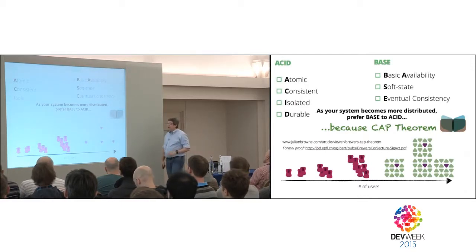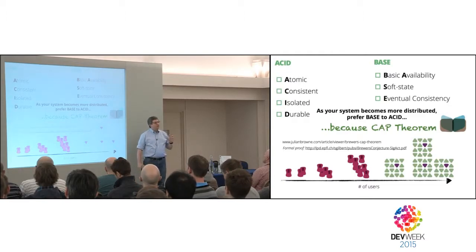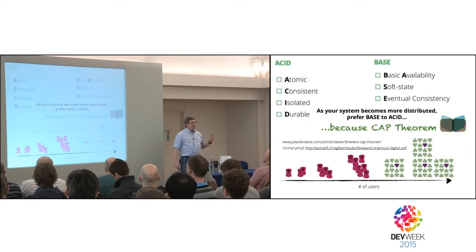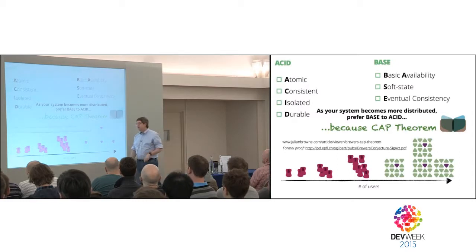This is what's known as the CAP theorem. There's a mathematical proof here that once you reach a certain level of distribution, you can no longer prove ACID. And so that's why all big systems ultimately have to succumb to doing base and eventual consistency rather than doing ACID transactions, because once you hit a certain scale, you just literally can't do it anymore.